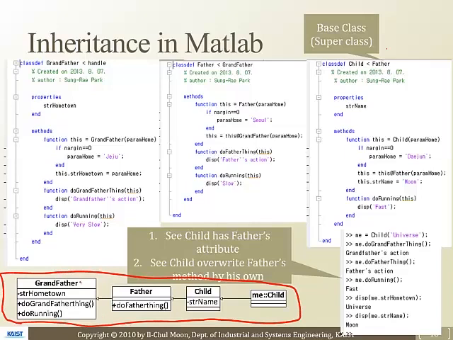Okay, first thing, grandfather. Grandfather is obviously a class, right? And it inherits. This is inheritance. Handle is the father, the superclass of all objects in MATLAB. And this defines the reference class.